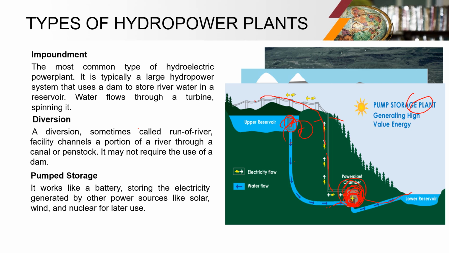Then, it will harness electricity or harness energy from the flowing liquid and transform into electricity. Of course, the power produced by the turbine is greater than the power consumed by the pump. Okay? Para magkaroon tayo ng net electricity produced.